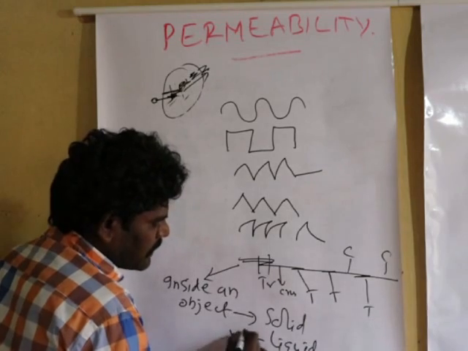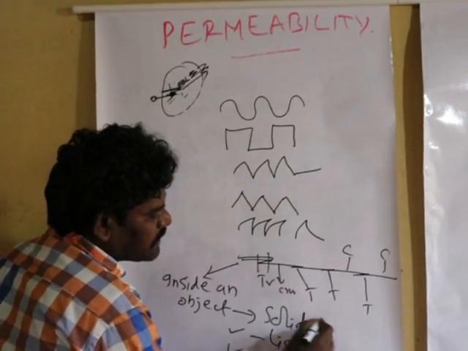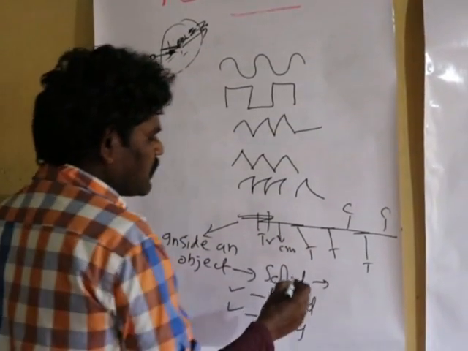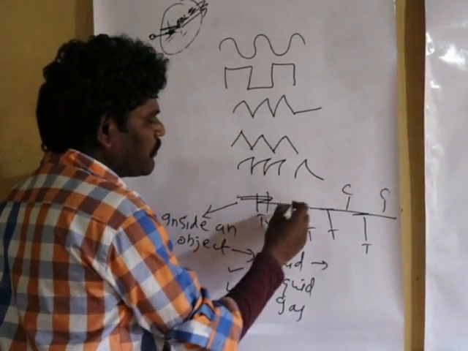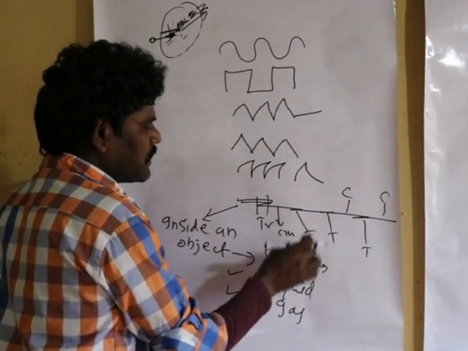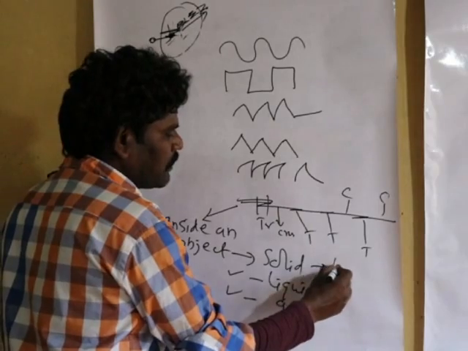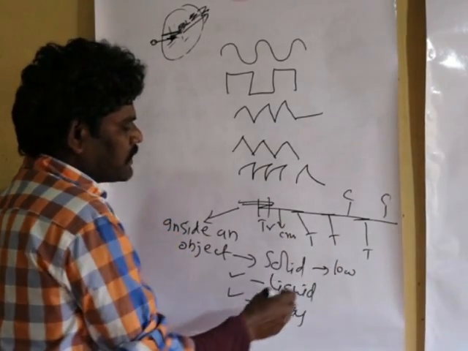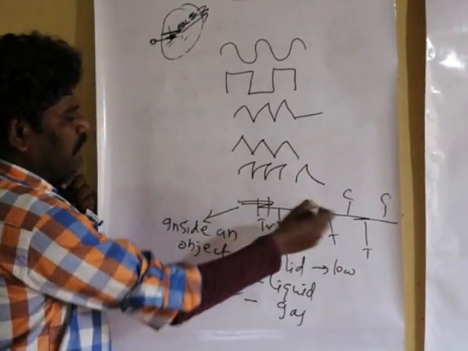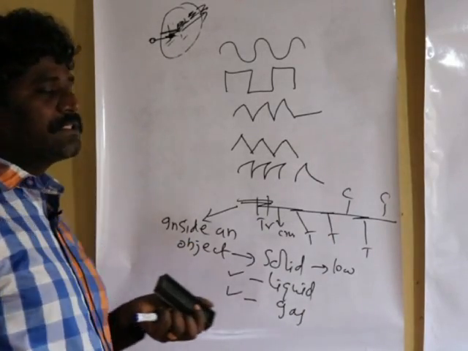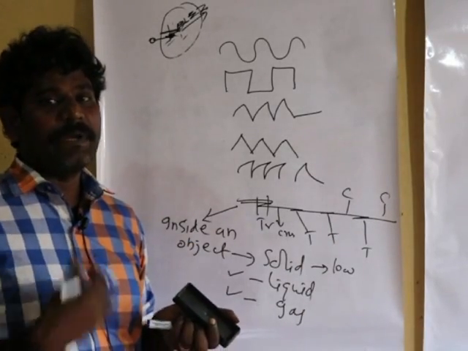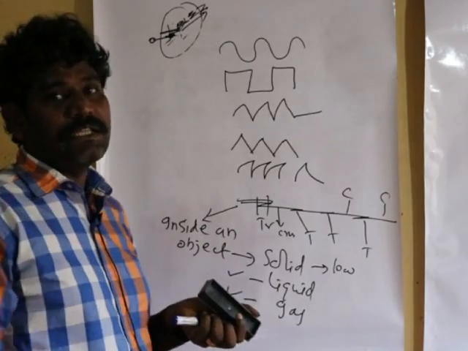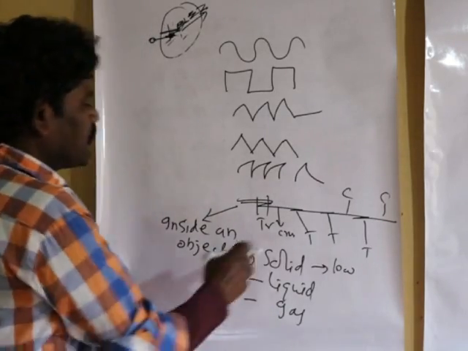Usually this is possible, and in some cases it's extremely less, but this kind of crest and trough propagation is not up to the mark. It is very low in propagation, and these two are good in the case of crest and trough. That's why sound waves can be excellently propagated in the air medium, more than in the solid medium.